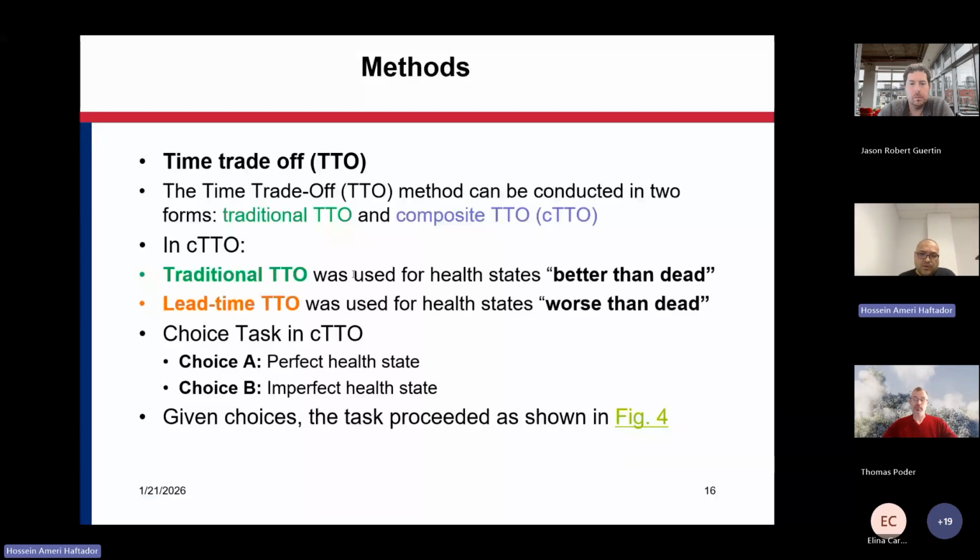If he answers this one, he goes to this step, 0 years of perfect health and 10. If he answers this one, he goes to lead time trade-off like this and continues. So every question is based on the previous answer.